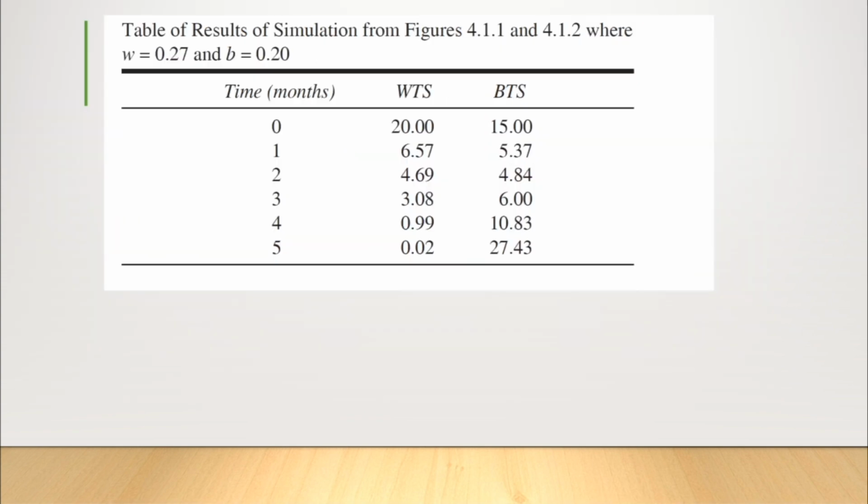Right. So the last one showing here is the result within the table. You can see at the beginning, at time 0, the initial population of white tips and the initial population of black tips, and then after 1 month this is what happened. So what makes this change?